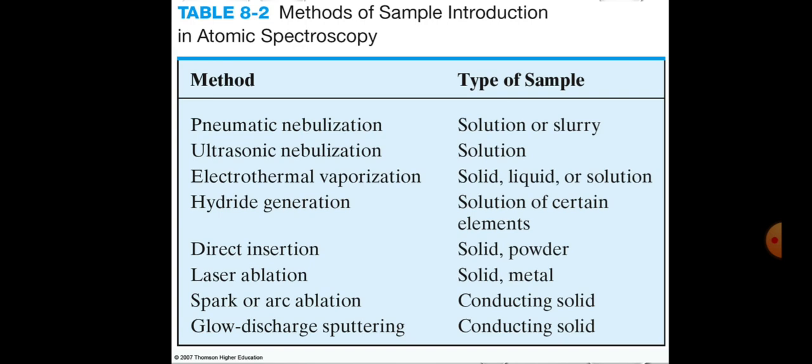Here in this table, you can see different methods that are used for sample introduction in atomic spectroscopy, like pneumatic nebulization. That is the most common method, the most usual method that is used both for solutions and for slurry. Then we have ultrasonic nebulization, electrothermal vaporization, hydrogenation, direct insertion, laser ablation, spark or arc ablation, and glow discharge sputtering. We will talk about them later.